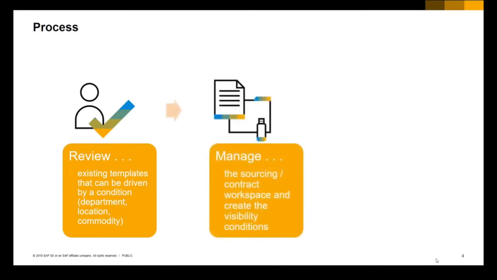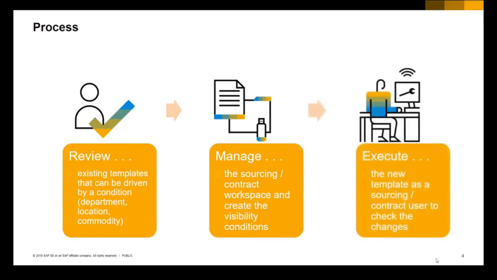We then went into manage templates, selected the sourcing template that we wanted to manage, and created the visibility condition that would control that template would only be visible when you select the sales and marketing software commodity. And finally, we went and tested it by creating a sourcing project and then seeing once we selected the right commodity that template was visible for the user.